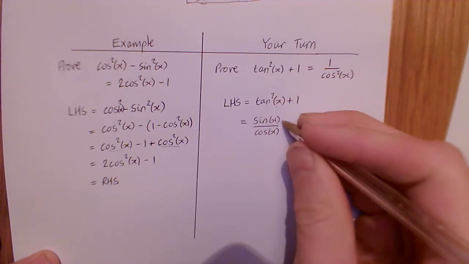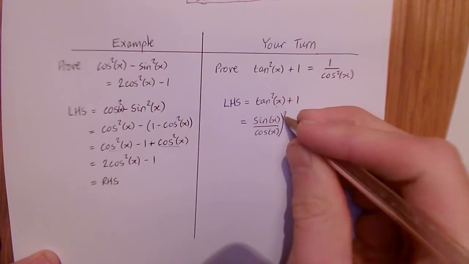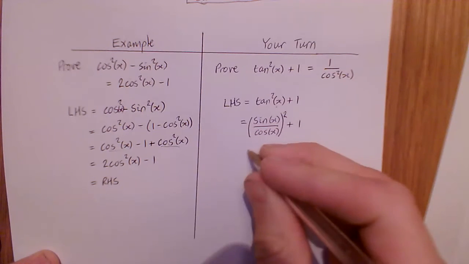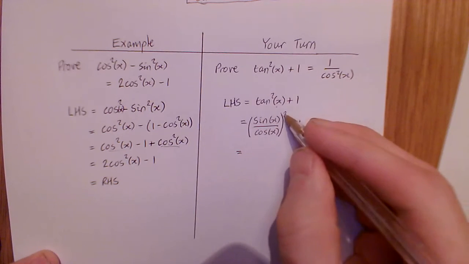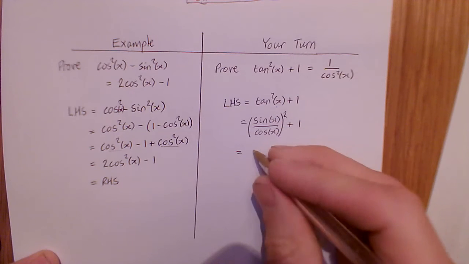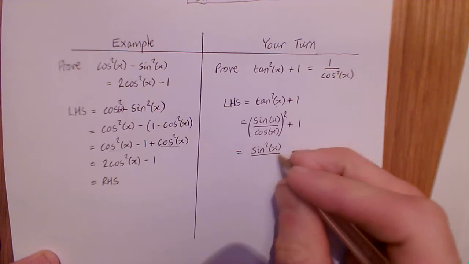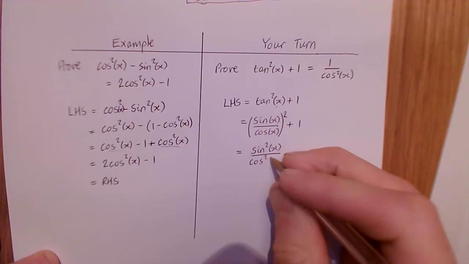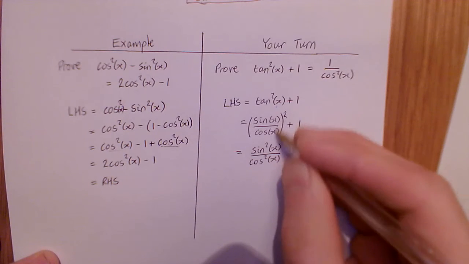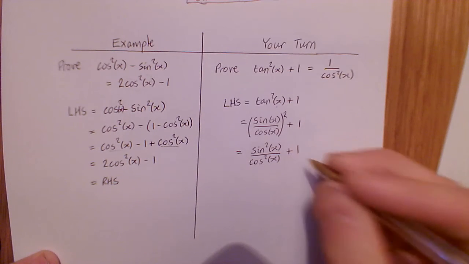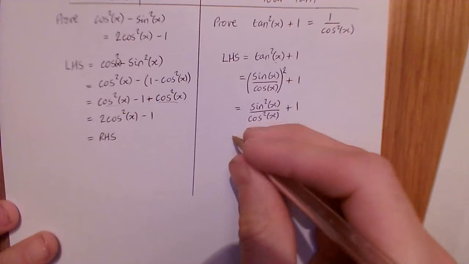Now, you might spot there's a squared here. Don't forget about it. So we'll put the squared on. Well, if I square a fraction, I can just square the top. So that is sine squared x. I can square the bottom, cos squared x. So just squaring a fraction, square the top, square the bottom, plus 1.